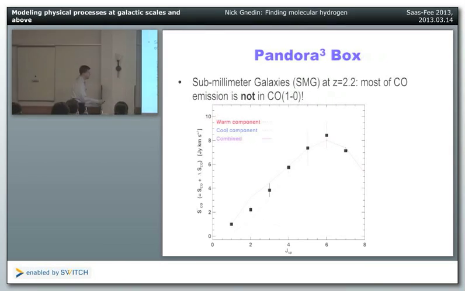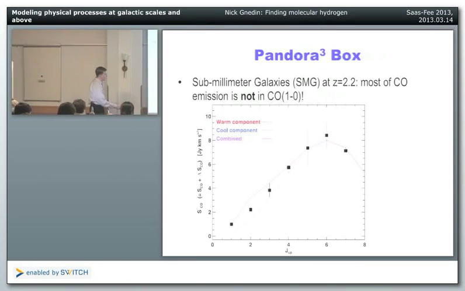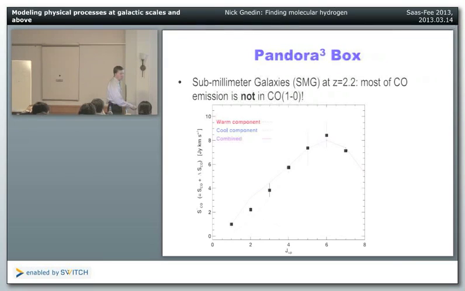So we actually need to know how to transform this line luminosity into that line luminosity to even start talking about this XCO factor. That makes things even more complicated, because now we have another conversion factor from some other transition to 1 to 0, which we use to define the XCO factor.